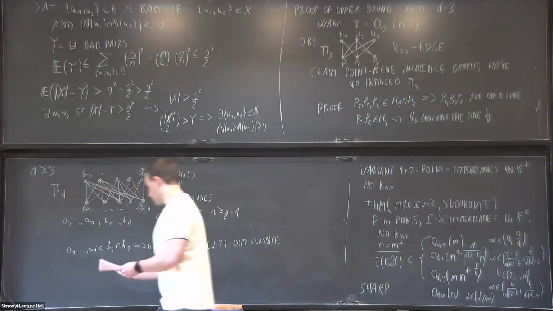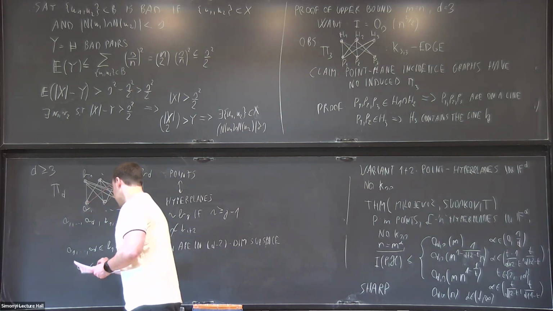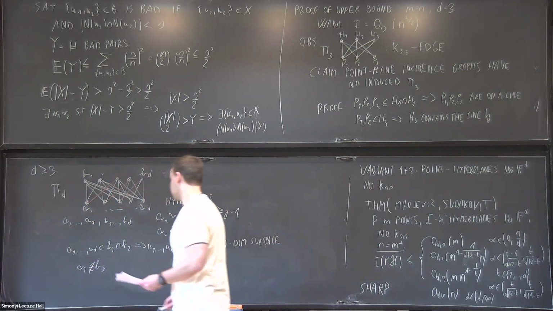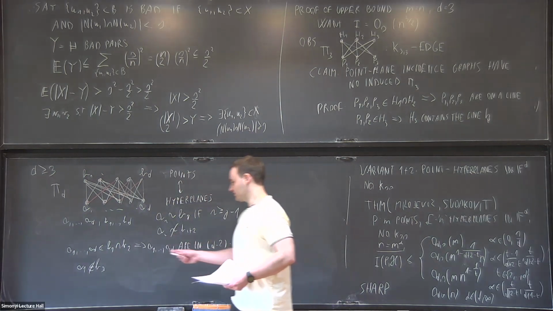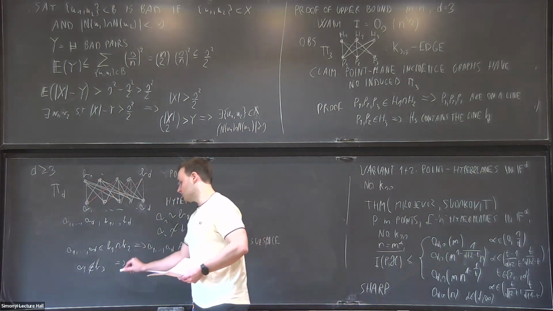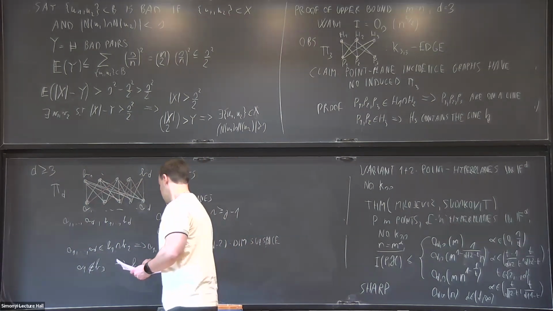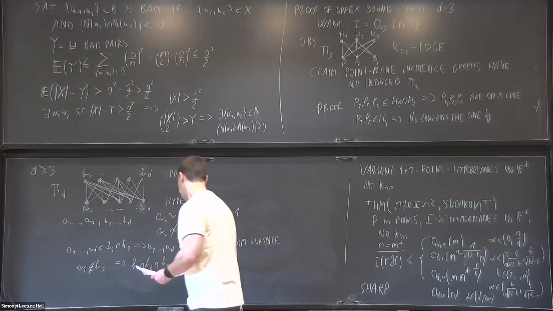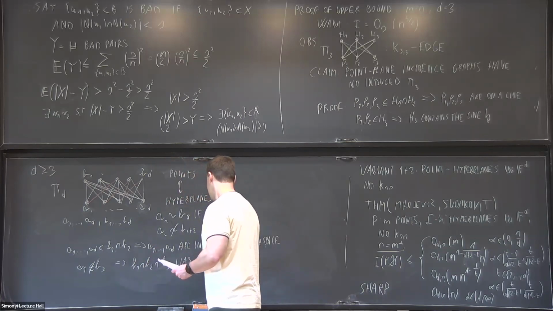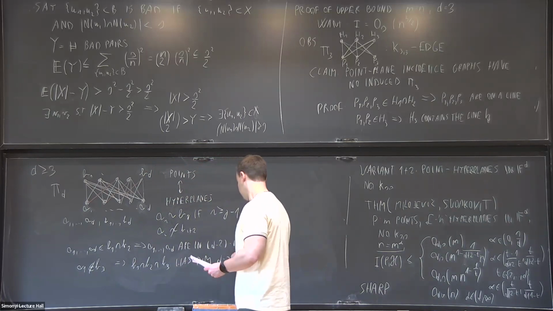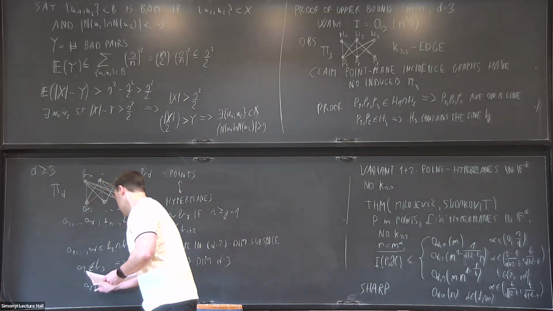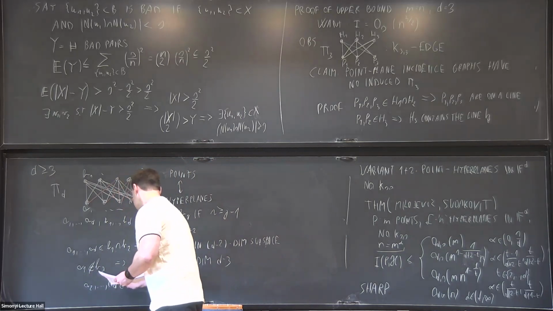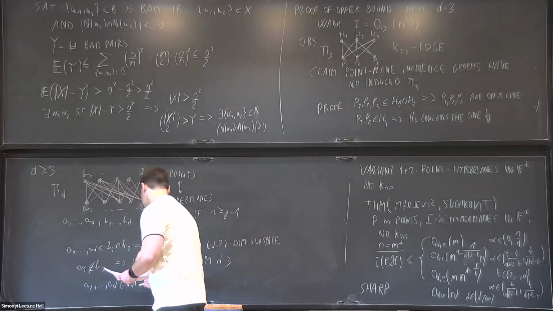But A1 is not contained in B3, which means that B3 cannot contain this whole d minus 2 dimensional subspace. So in particular, the intersection of B1, B2, B3 has dimension at most d minus 3. But then I still have that A2 up to AD are contained in this d minus 3 dimensional subspace.